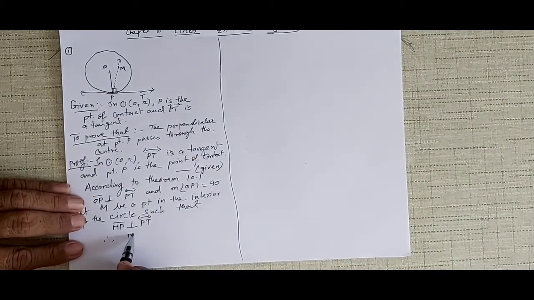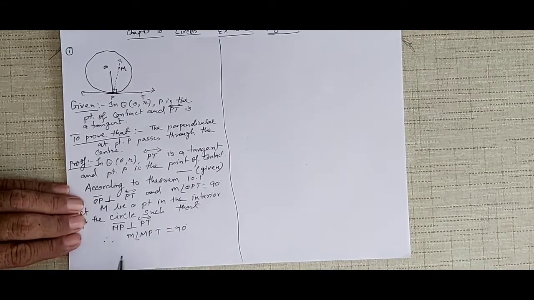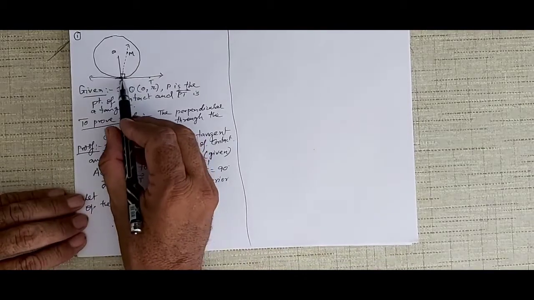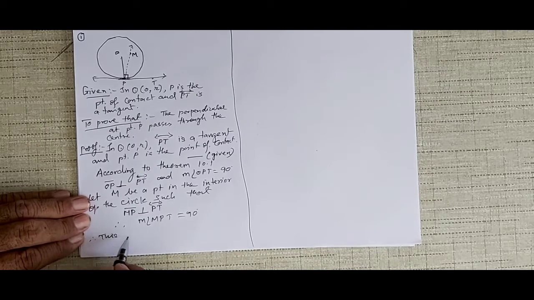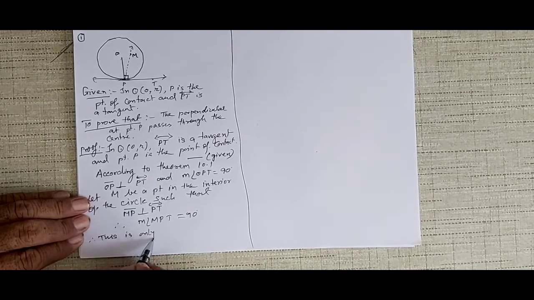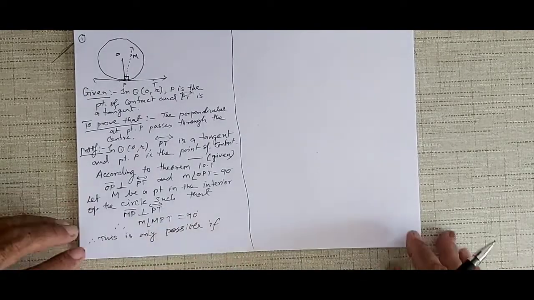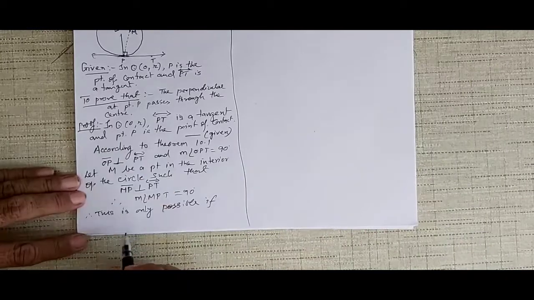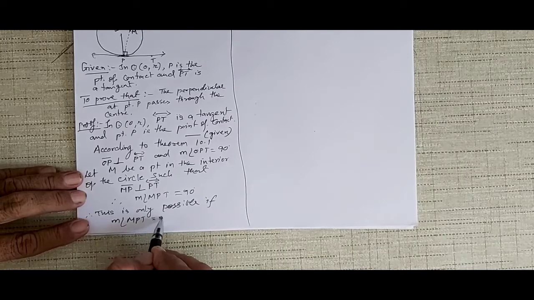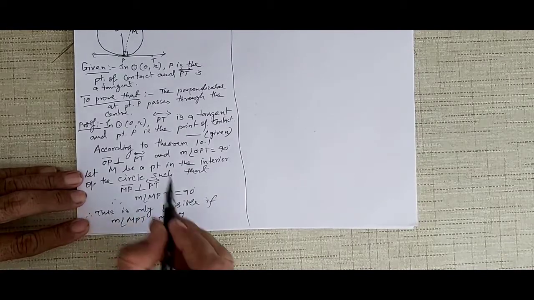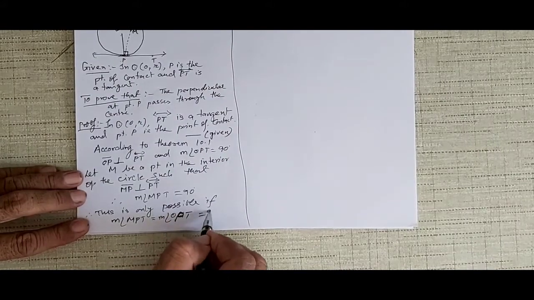Therefore, measure of angle MPT is 90 degrees. Now you can see there are two 90 degrees out here. That's not possible. Therefore, this is only possible if the measure of angle MPT is equal to the measure of angle OPT, and both are 90 degrees.